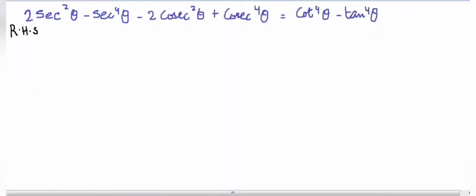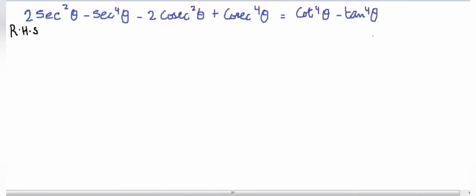In this question, we can start with the RHS. Here we can see that in LHS we need sec theta and cosec theta, and here we have cot theta and tan theta. So cot theta and tan theta, we will try to convert into sec theta and cosec theta.